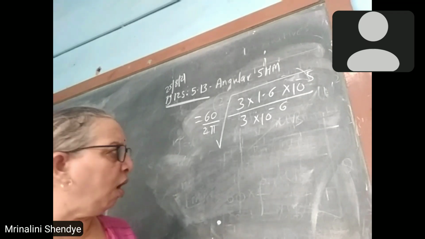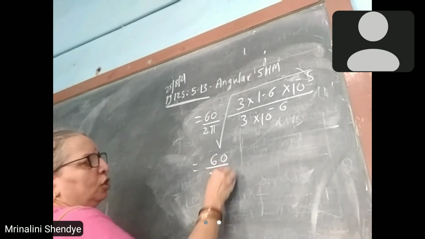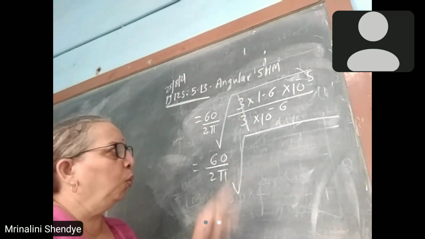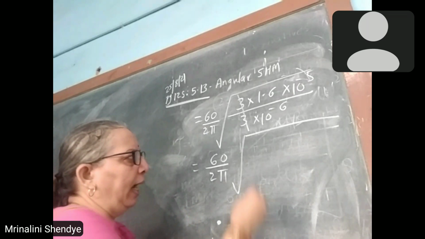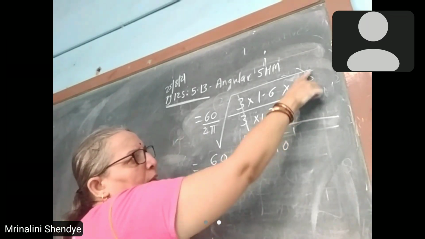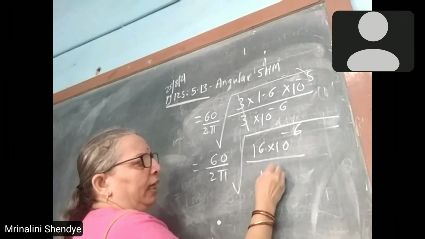When you solve it, keep 60 upon 2 pi as it is. Solve this, the 3 will cancel. 1.6 I could write as 16 into 10 raised to -1. Then -1 -5 will become -6, upon 10 raised to -6.